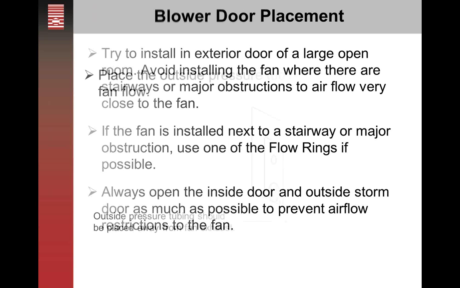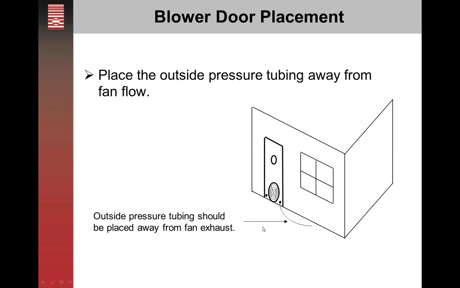We're just trying to place it in a location where we can also place tubing far enough away from the fan so that the tubing isn't affected by the airflow passing over it. We also want to find a location that is a little bit away from the wind.